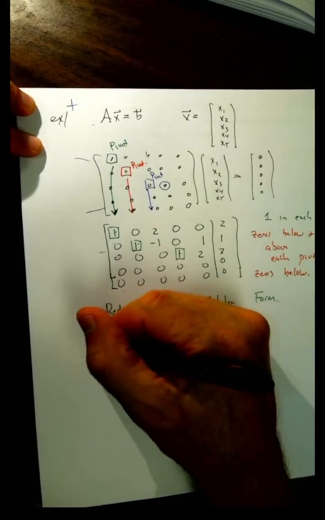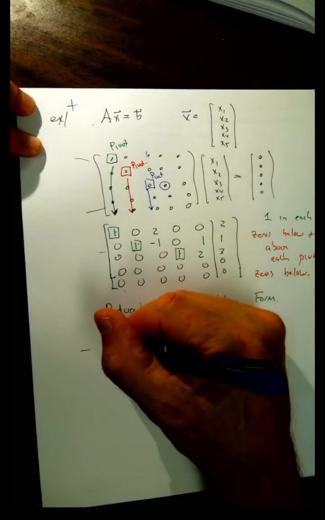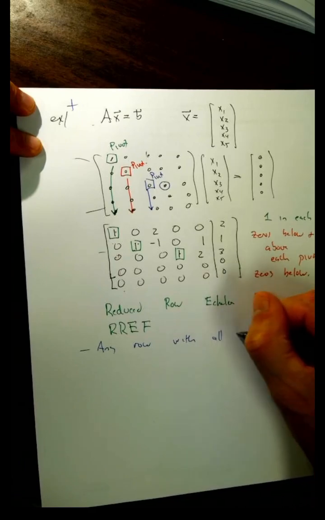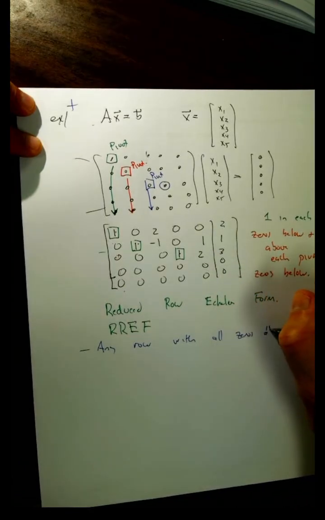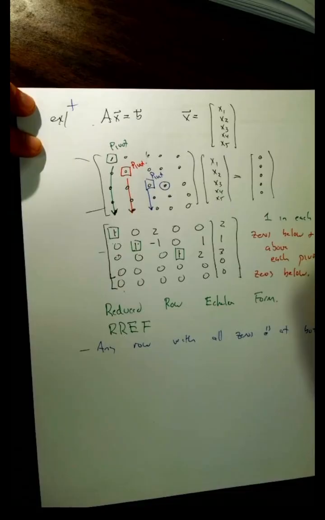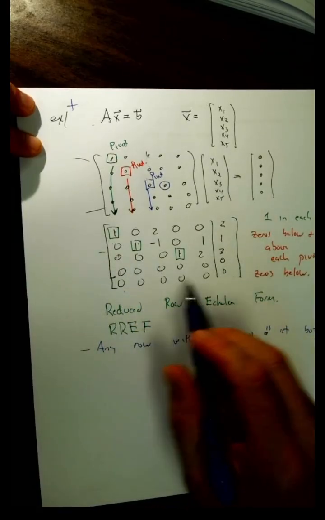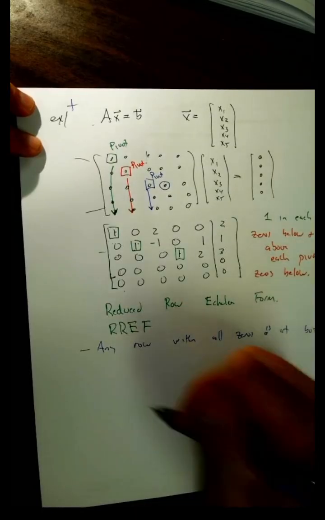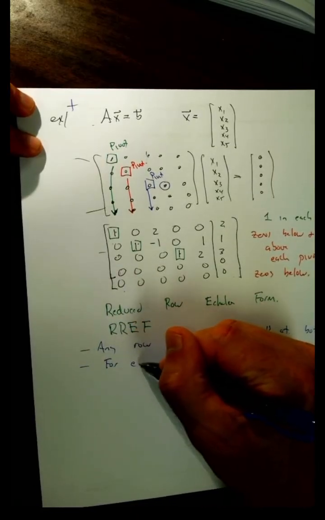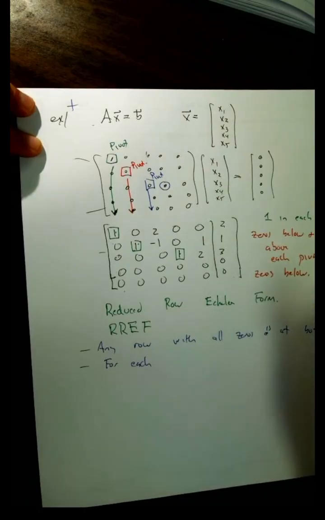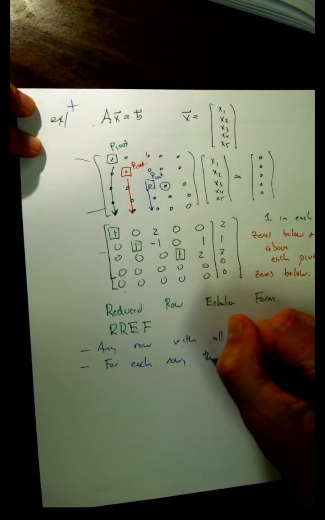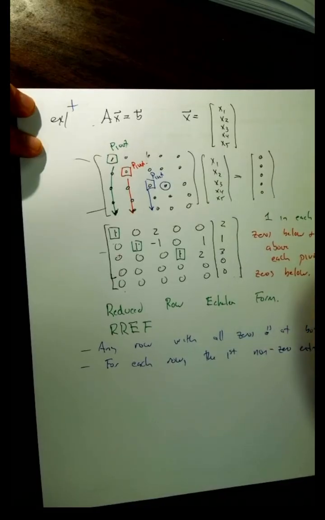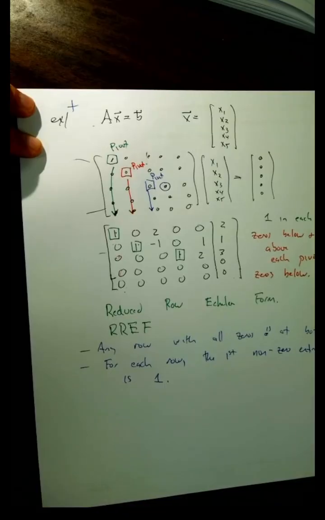And so there's a couple key things here. Any row with all zeros is at the bottom. All right, so I've got rows with all zeros there at the very bottom. Let's see, for each row, the first non-zero entry is a 1.